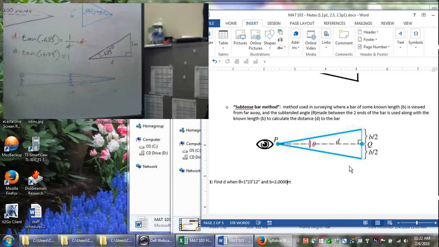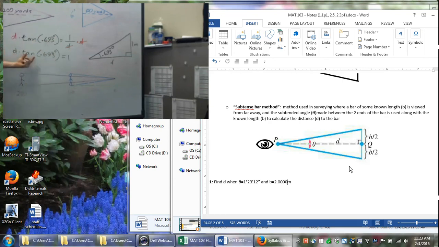So there's all the trig part. Now you just need to do a little bit of algebra. Again, algebra, the Achilles heel of trig students, I think, of most math students. Okay.